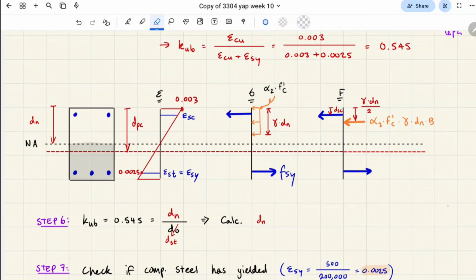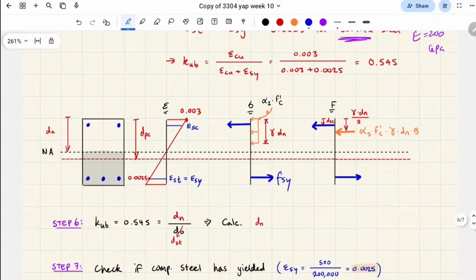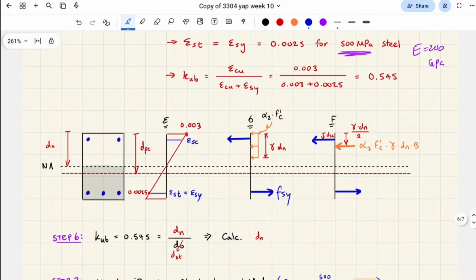And then what about the compressive steel? Do you reckon that's yielded or no? I think it's not yielded. That's a good guess. I would say it's not yielded, but you have to check because this is as ambiguous as it gets. It can be yielded or it cannot be yielded, because you don't know if dn is greater than the depth from the neutral axis to the steel or not.